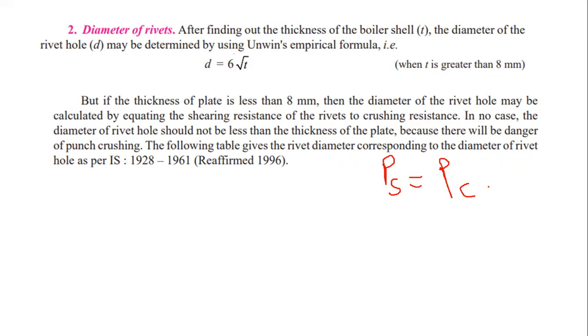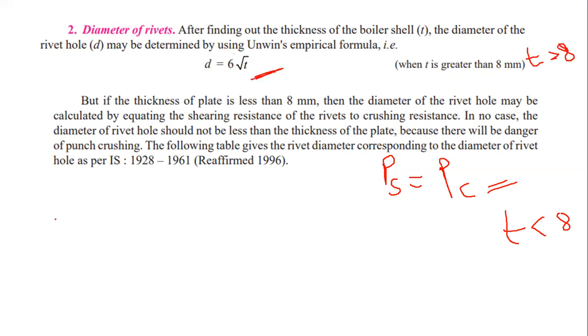We have to use this relation for determining the suitable diameter of the rivet when the thickness of the plate is less than 8 mm. If the thickness of the plate is greater than 8 mm, you can use the formula directly.